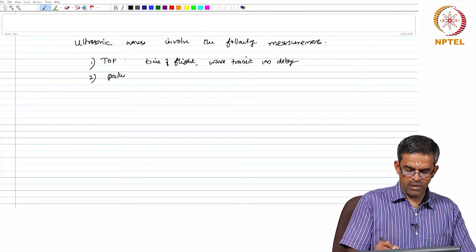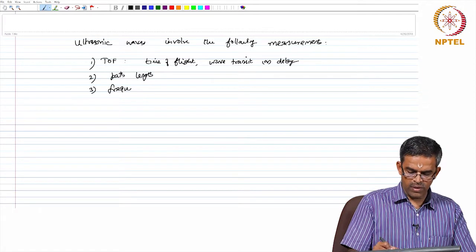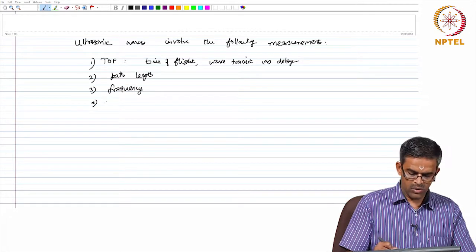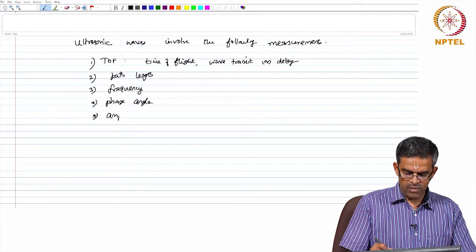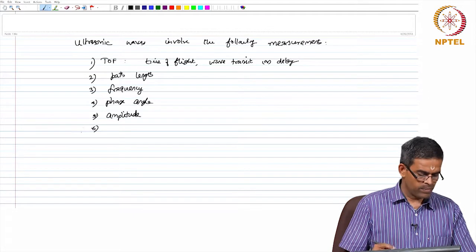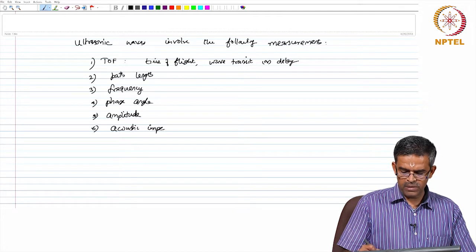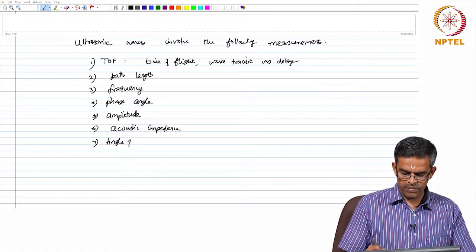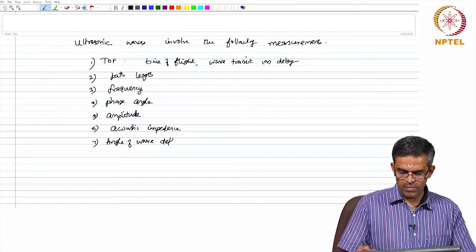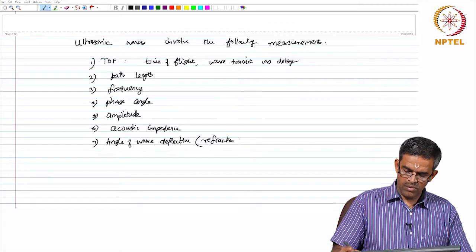Second will be the path length, third could be the frequency, fourth is the phase angle, fifth is the amplitude, sixth is the acoustic impedance, seventh is the angle of wave deflection. It can be reflection or refraction.